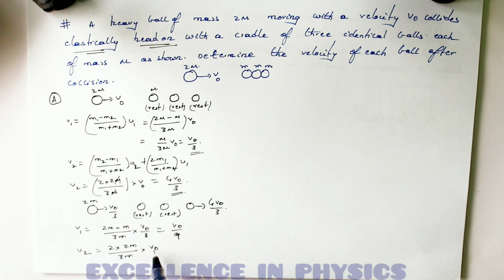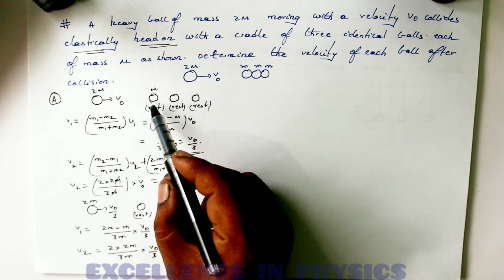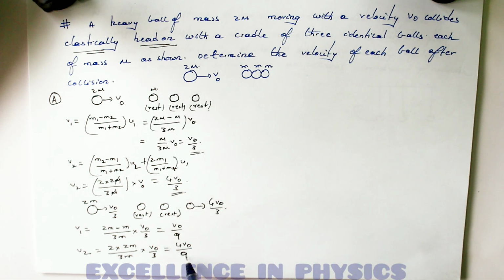If I substitute, this will become 4v0 divided by 9. So now the velocity of the first target ball after the second collision is 4v0 divided by 9. This is again an elastic collision, so this ball will give its velocity to the second ball and it will stop.